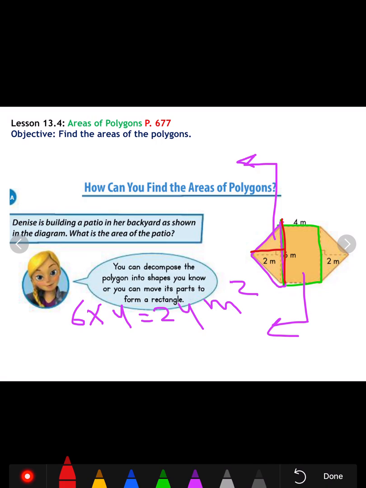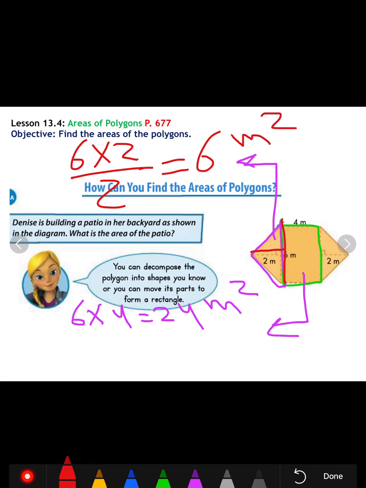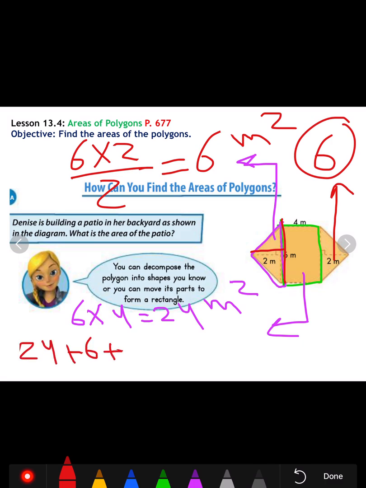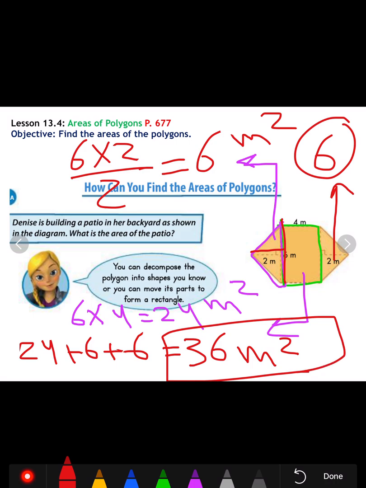So now 6, the base, multiplied by the height, 2, divided by 2 equals 6 meter squared. And this is another triangle, because they are congruent, this will also be 6. Now I add 24 plus 6 plus 6 equals 36 meter squared, the total area of this polygon.